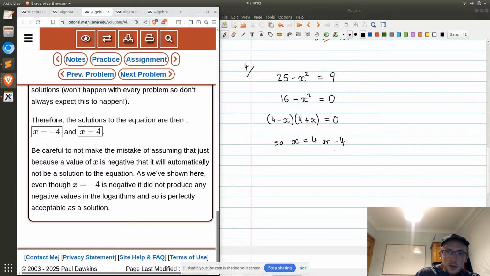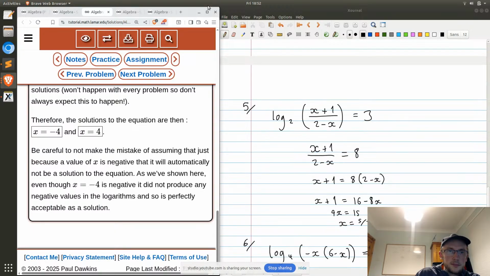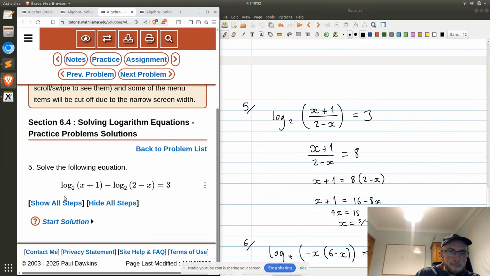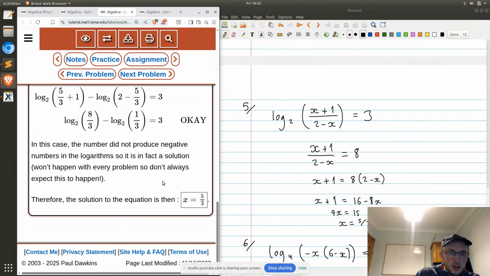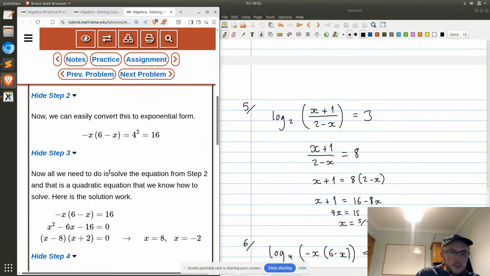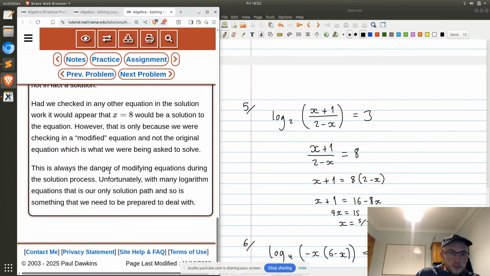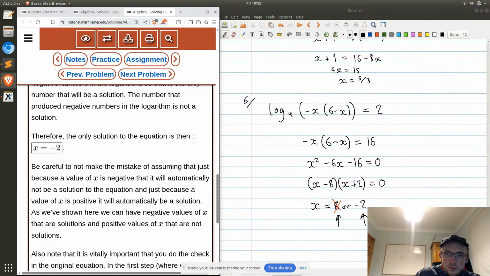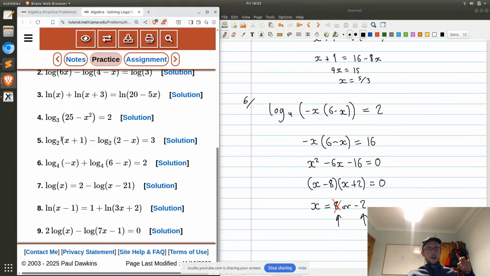Okay, the 4th one is correct. The 5th one is correct. And the 6th one, that is also correct. All right. 7, 8, and 9 remain. Let's get to solving 7, 8, and 9 then.